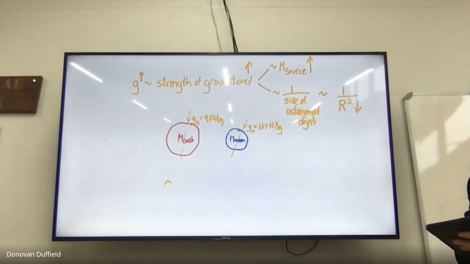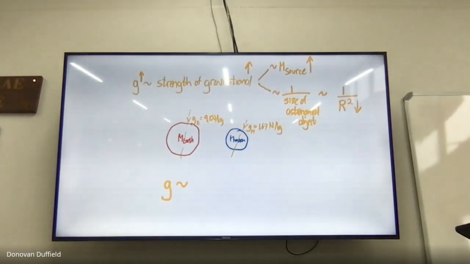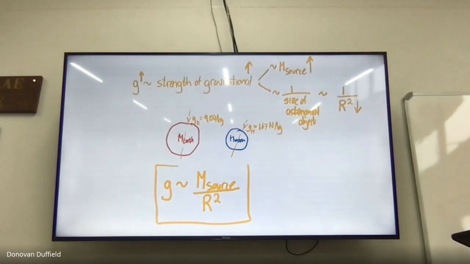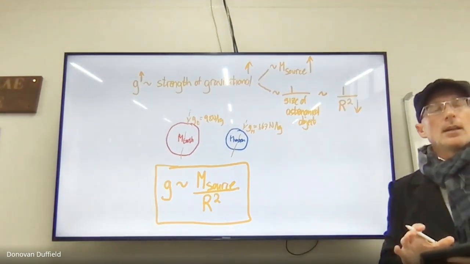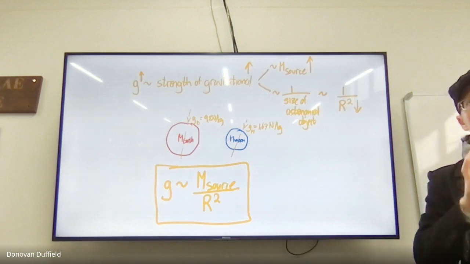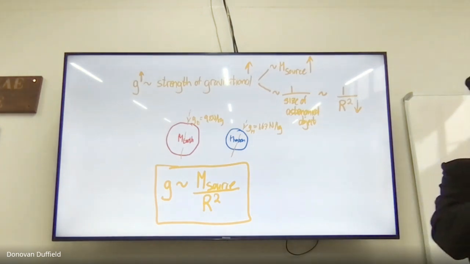And we are going to learn that G is proportional to the mass of the source over the radius squared. We are going to get to that next week, not now, okay? I am just starting with what you were exposed to in grade 8.